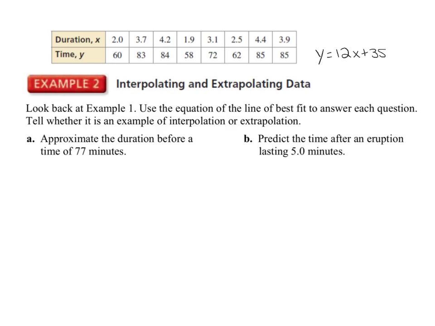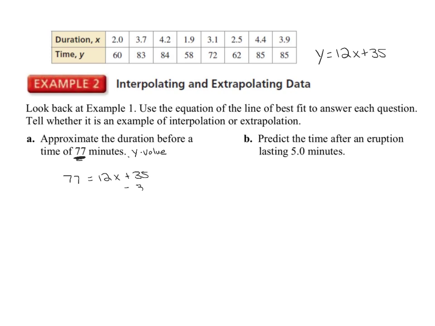And this says approximate the duration before a time of 77 minutes. Okay, so 77 minutes is the time, so that's the y value. So I'm going to put 77 where y goes. 77 equals 12x plus 35.